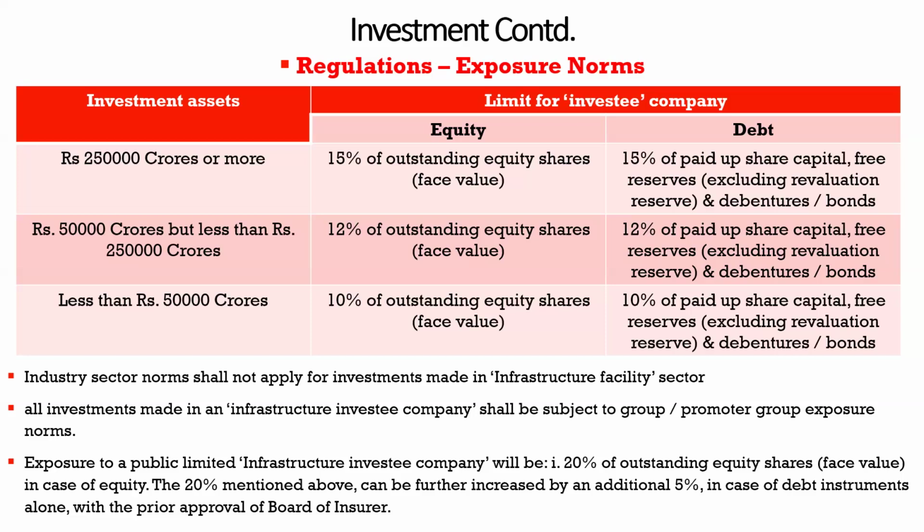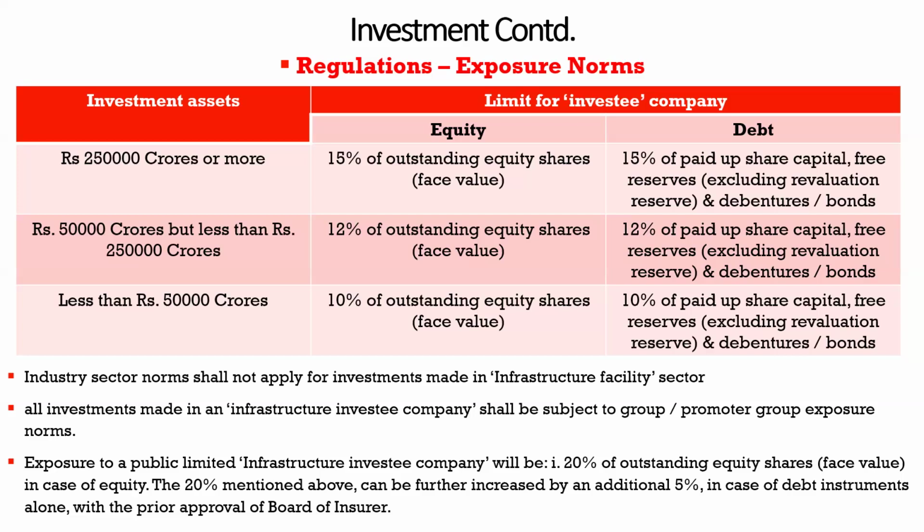If investment assets are 50,000 crore but less than 2,50,000 crore, then 12% of outstanding equity share and 10% of paid up share capital plus free reserve. Less than 50,000 crore, then 10% of outstanding equity share and 10% of paid up share capital and free reserve. So if your investment value is more, there is leverage of taking more risk. If the investment value is less, then the leverage is less for taking risk in a particular sector, particular company.